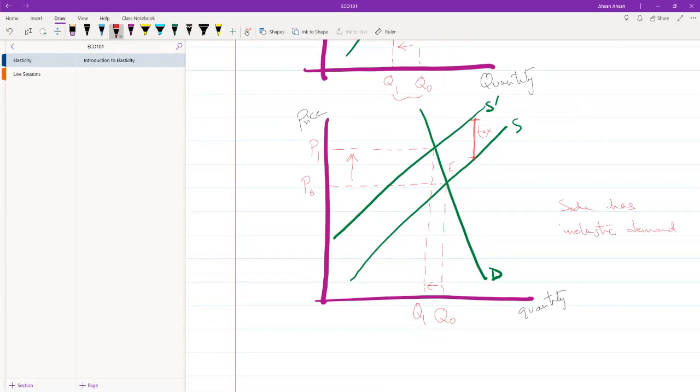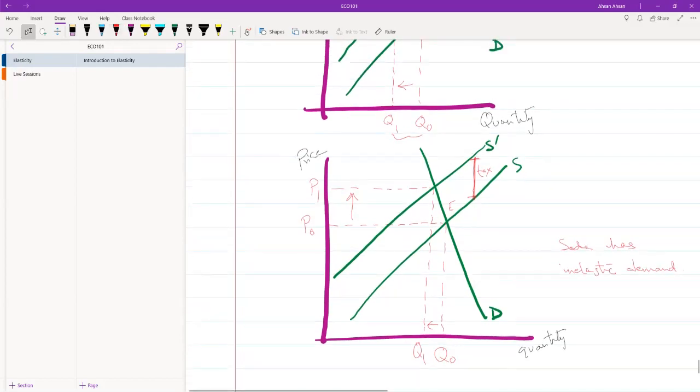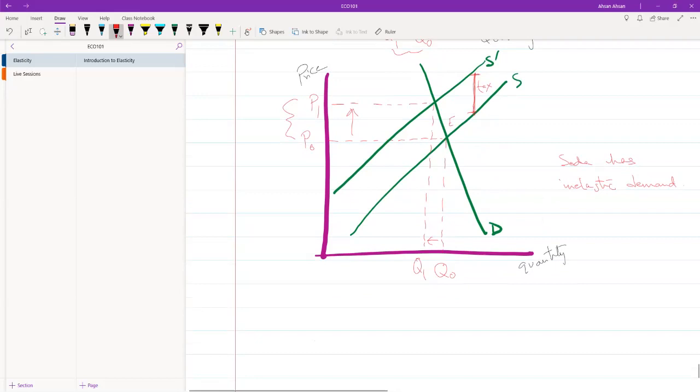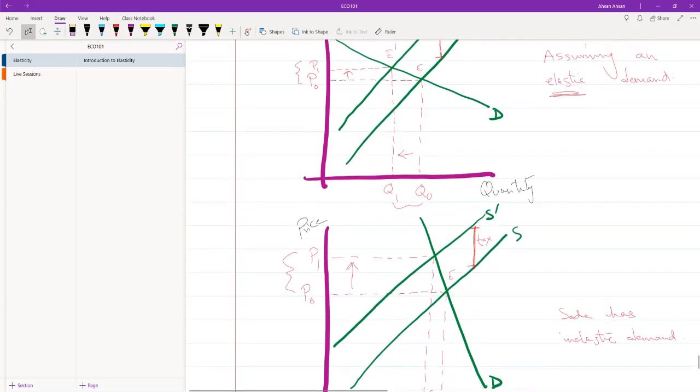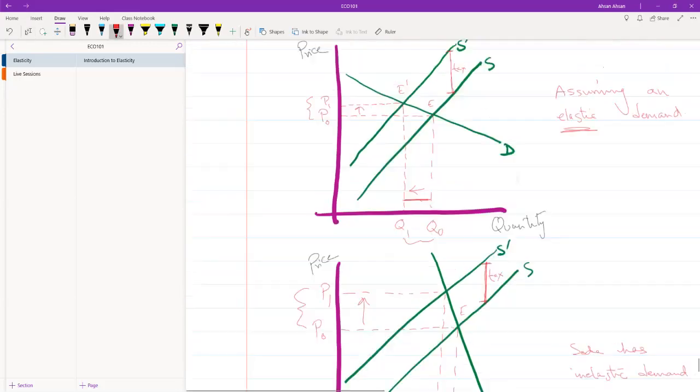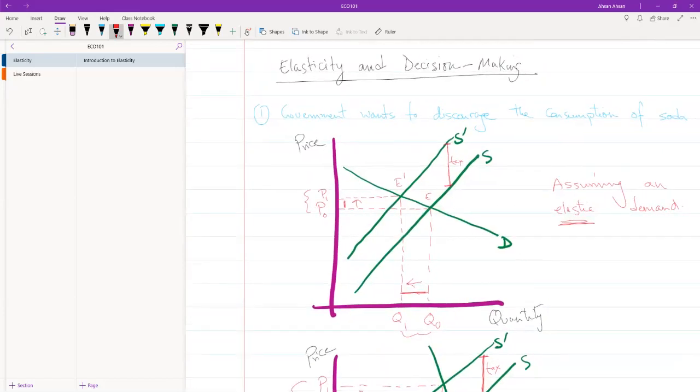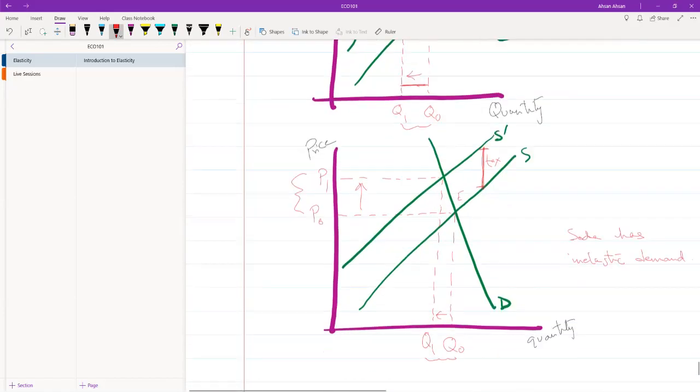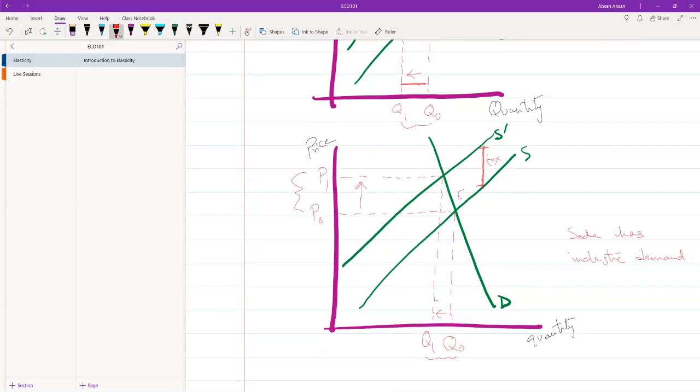And as a result, even if the government imposes a very large tax, the fall in quantity demanded is much smaller. You see over here, this distance is relatively larger, even though the rise in price is small. But over here, this is a much smaller area. And that is one of the problems.